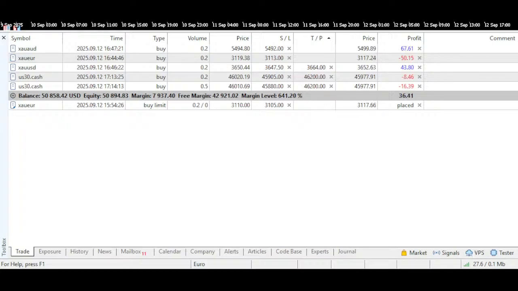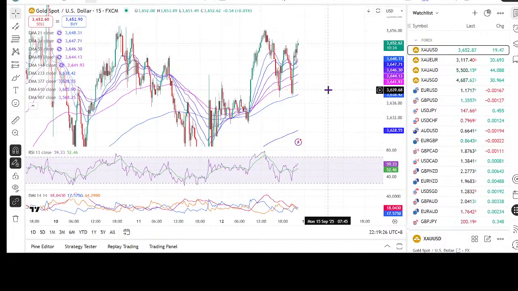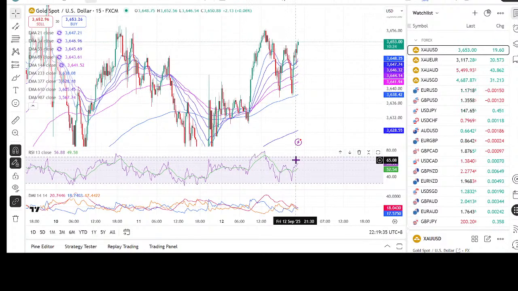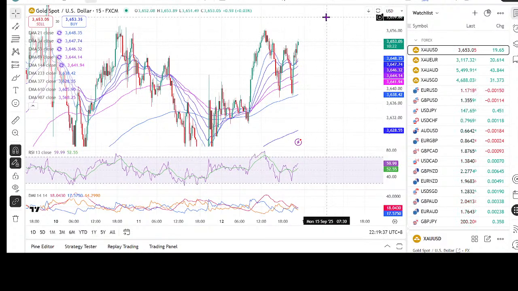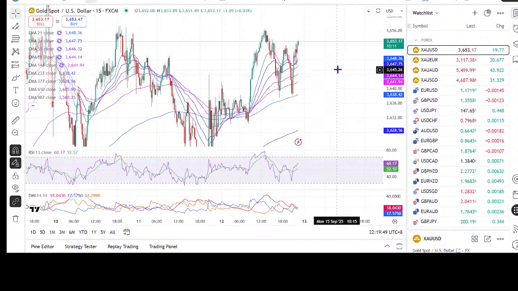We just have to wait for the market to respond. All the signals are still there, meaning the RSI is still supporting that we should see the price pushing higher. The ADX in the DMI is showing that it doesn't have much strength. So we just have to wait, there's nothing much we can do.